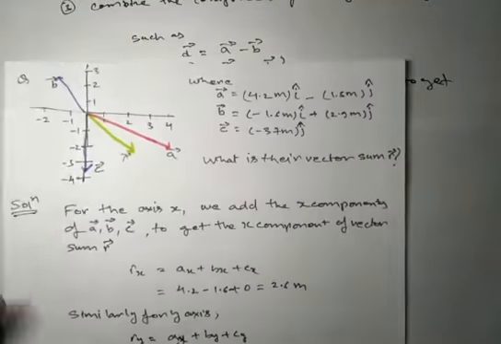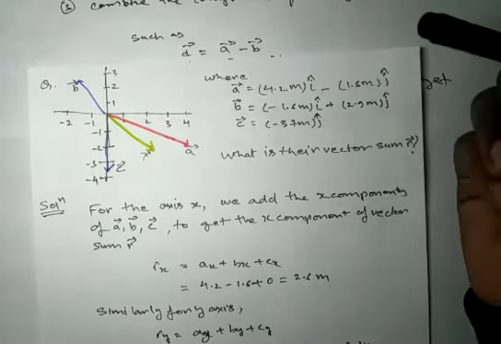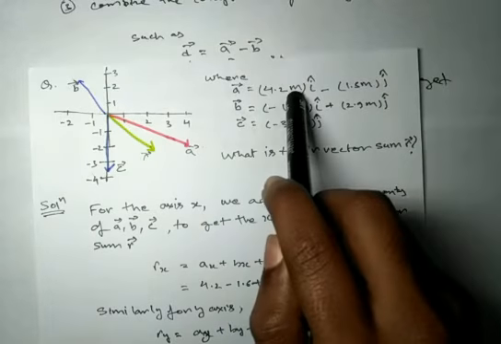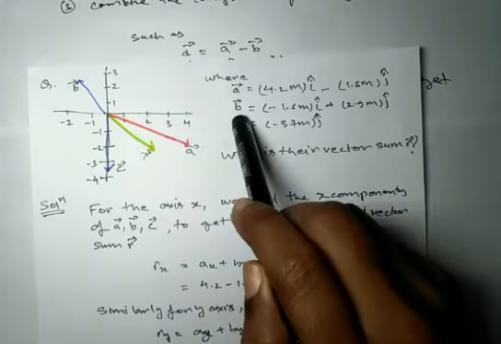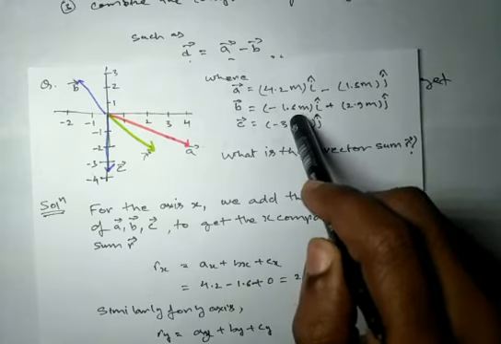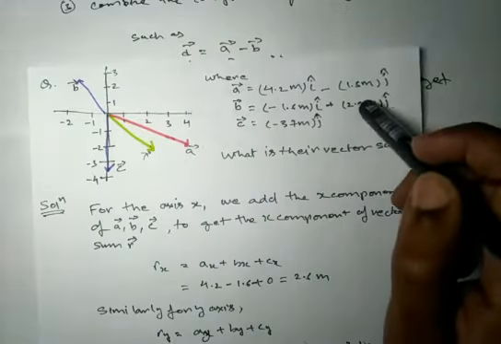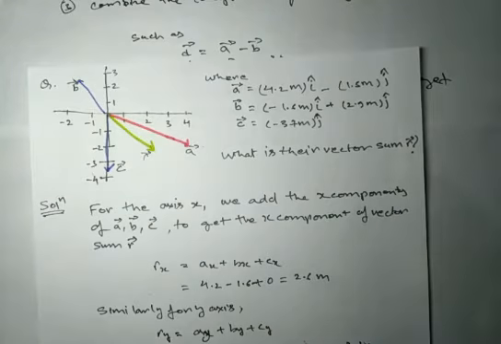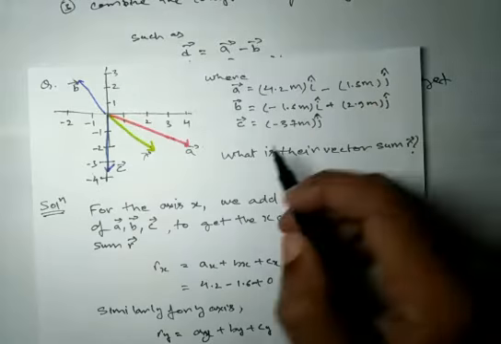So to understand the adding of vectors by components, let's take an example. Here we have a question that vector a equals 4.2 meter i cap minus 1.5 meter j cap, vector b equals minus 1.6 meter i cap plus 2.9 meter j cap, and vector c equals minus 3.7 meter j cap.